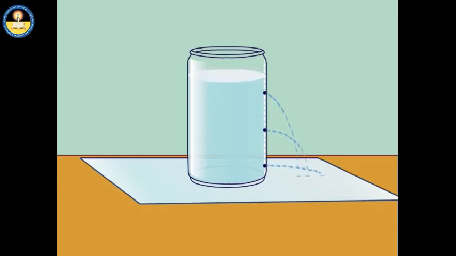Here, we can notice that the water at the lowest hole rushes out with the highest velocity and thus covers the maximum distance. This shows that at the lowest hole, water has maximum pressure. That is, the pressure in a fluid depends only upon depth or the height of the fluid.